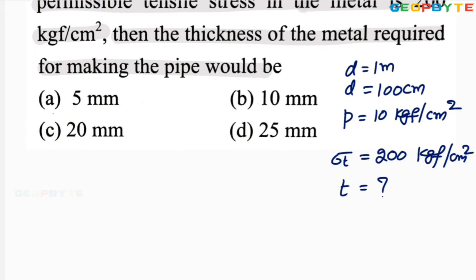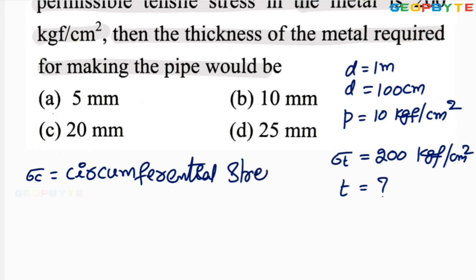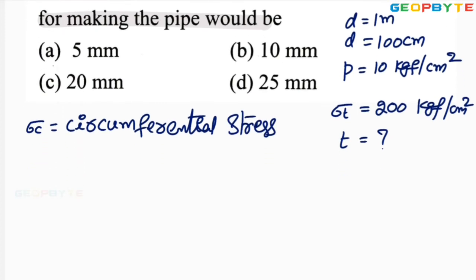Dear friends, the thin cylindrical shell is subjected to three kinds of stress. First one is circumferential stress. This circumferential stress sigma c equal to PD by 2T.